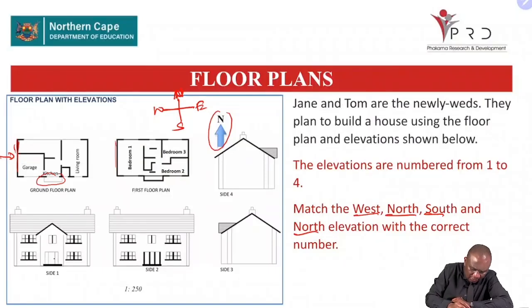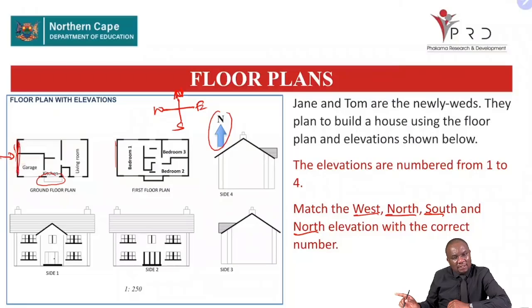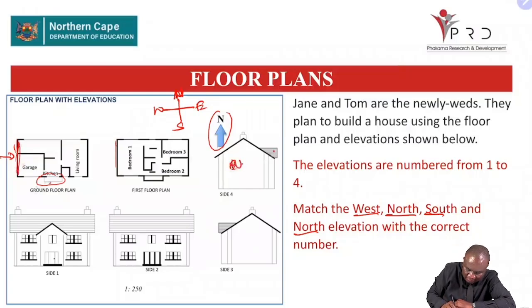This is the west elevation of the building. I am facing the eastern direction, then this part of the building must be on my right. That means this must be on my right. So this is the east elevation. No, west elevation. I'm facing east direction. This is the west elevation.